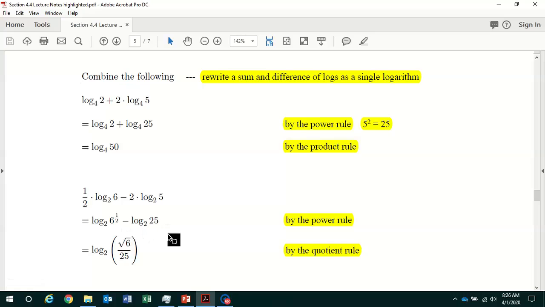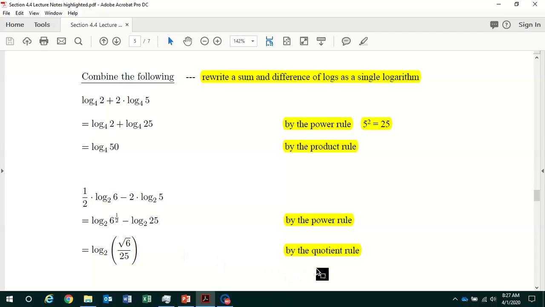Now we have a difference of two logs, so we can apply the quotient rule. The log base 2 of 6 to the 1/2 minus log base 2 of 25. The 6 to the 1/2 is in the numerator, the 25 is in the denominator. Remember, 6 to the 1/2 is the same as square root of 6.